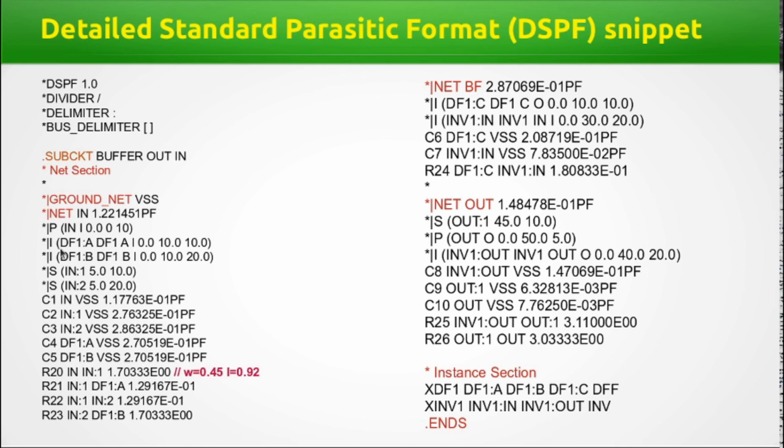It will have its parasitics here. The resistor is having the tail comment. Other nets are also there. I have just given a snippet, and here there will be the tail comments also, another net, and finally there will be an instance section.